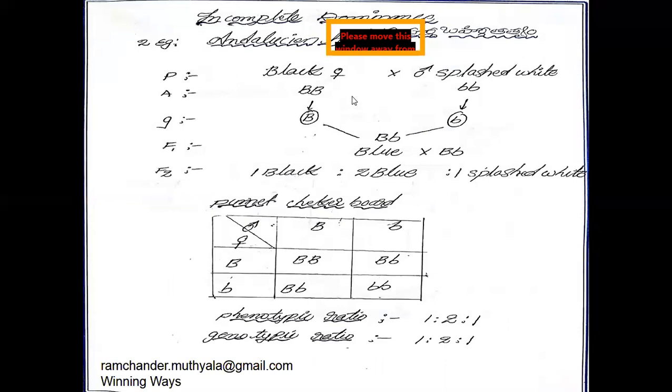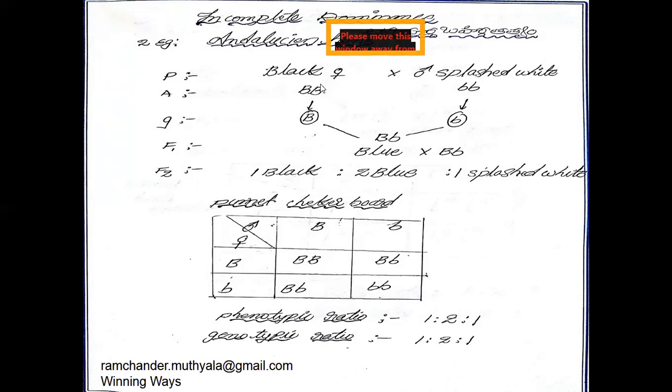The next example of incomplete dominance is albinism in fowl. The parental fowl are black colored hens, which act as females, and splashed white colored fowl act as males.